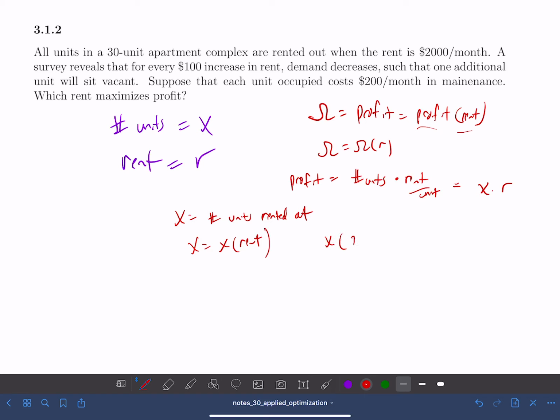So X of 2,000 equals 30. And I know that X of 2,100 equals 29. X of 2,200 equals 28. X of 2,300 equals 27. Right? Do you see? This is a line.